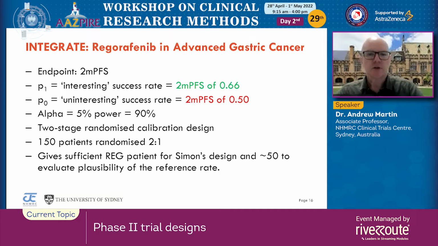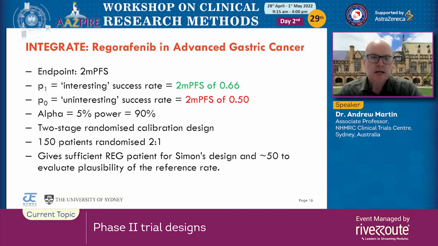So now let's look at Integrate once again, which was ultimately designed as a randomised non-comparative trial, so one of these calibration designs, and 150 patients were enrolled, randomised 2 to 1. So we had 100 in the Regorafenib arm and 50 in the placebo arm.